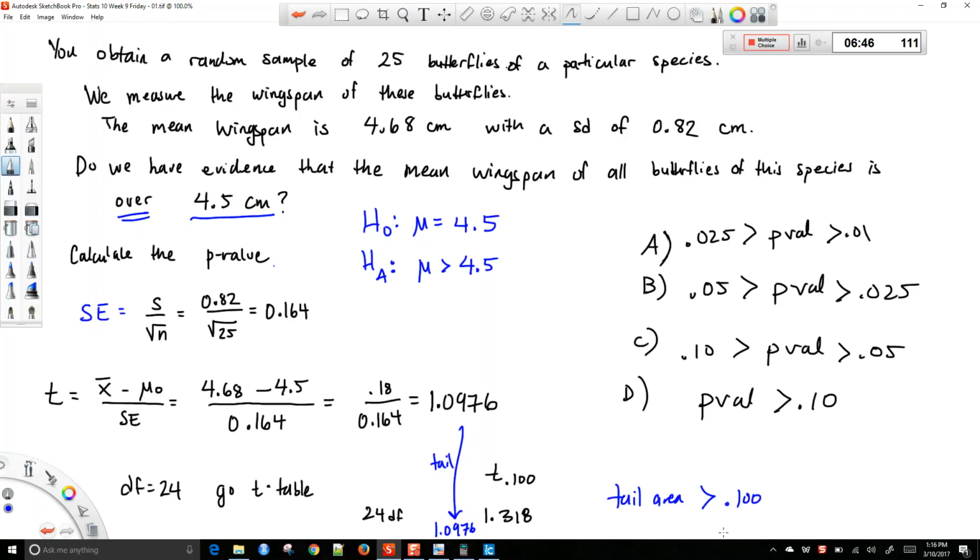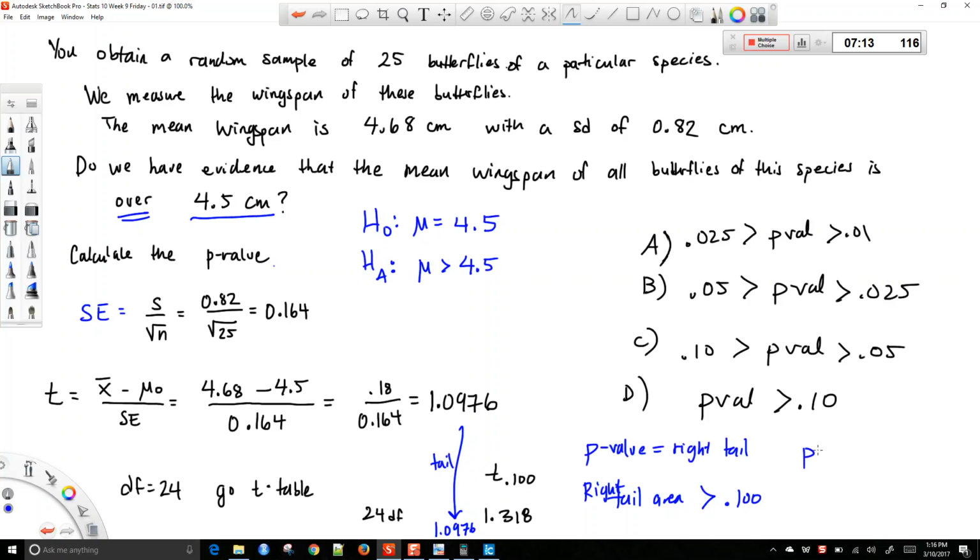So far so good? Is that okay with everybody? All right, and so the question is, how does my p-value relate to my tail area? Well, we look at the alternative hypothesis, and actually this is my right tail area, so then my p-value is equal to my right tail area.